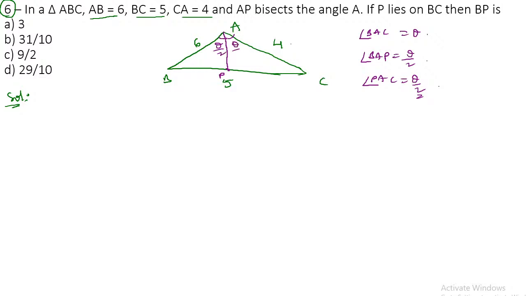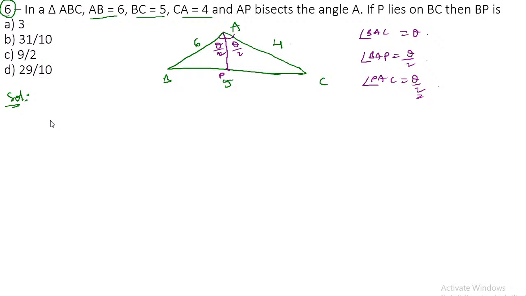So we call this AP an angular bisector, because it divides the angle into two equal halves.